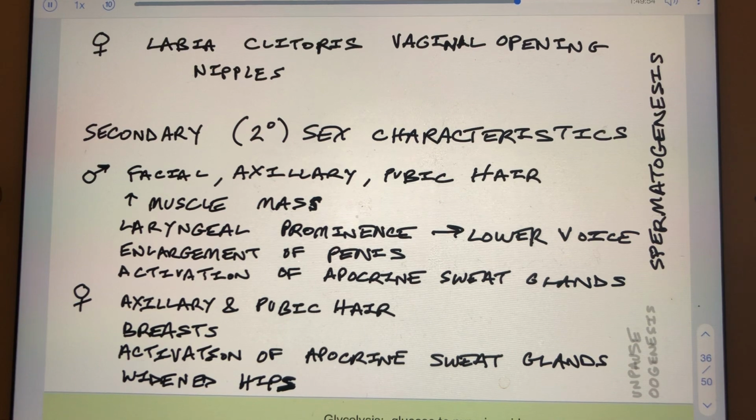Whereas females, they started the process toward making ova before they were even born. However, they did not finish that process.